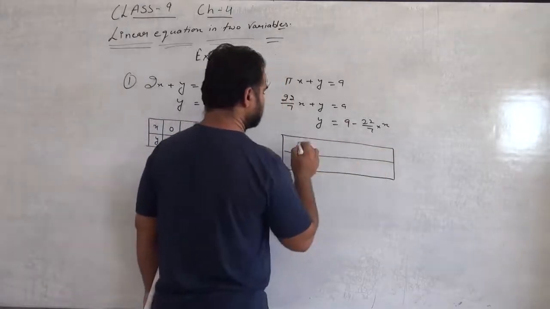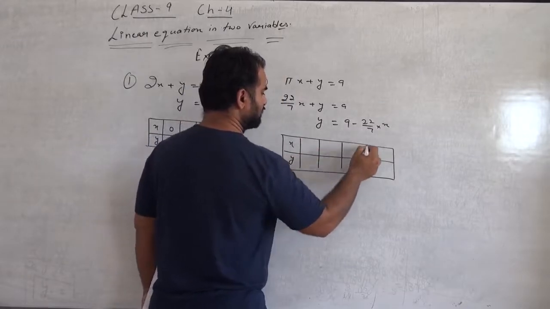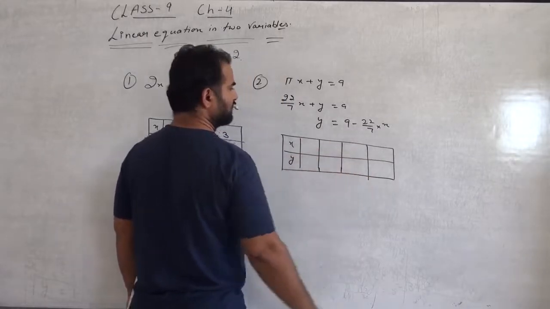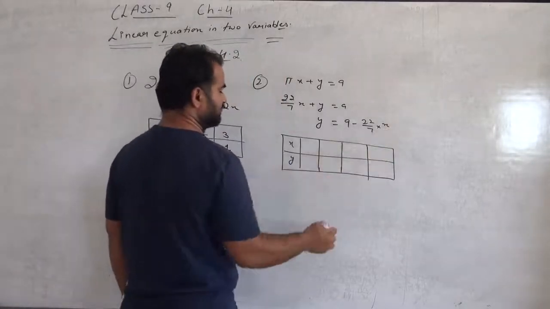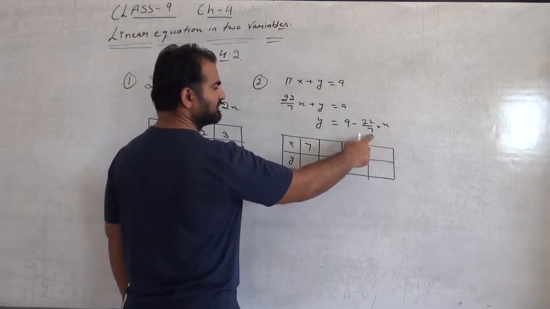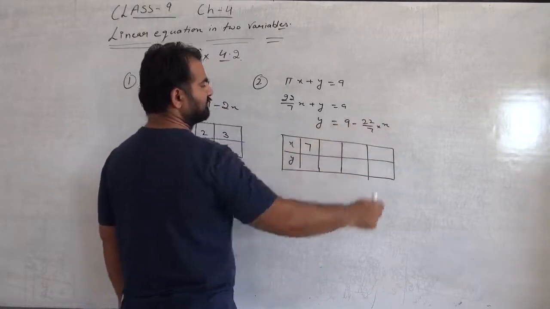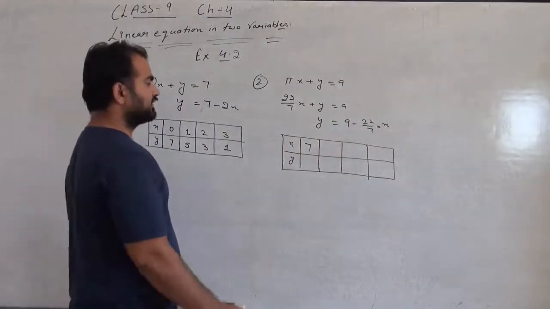So first of all, for x and y, let x equals 7. So it will be 7, and the 7s will be cancelled. 9 minus 22. Minus 22 and positive 9 will be minus 13.